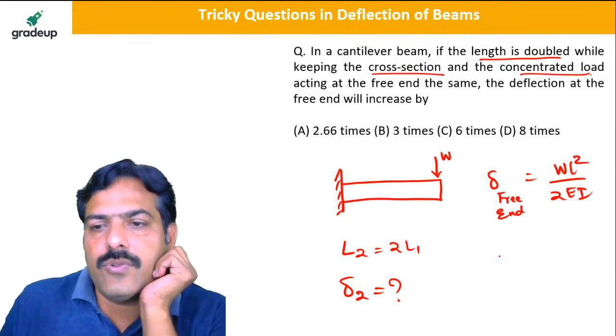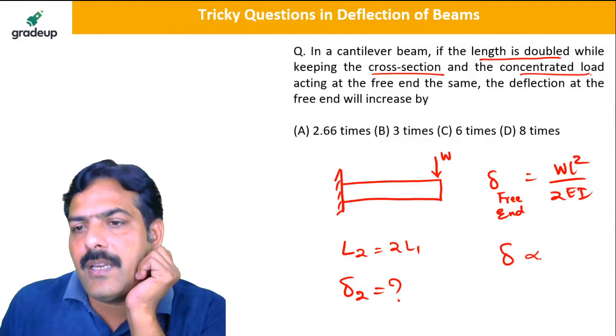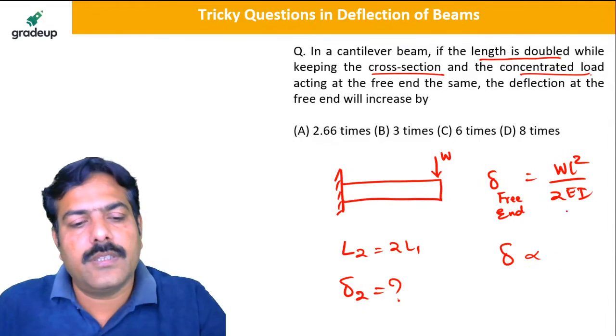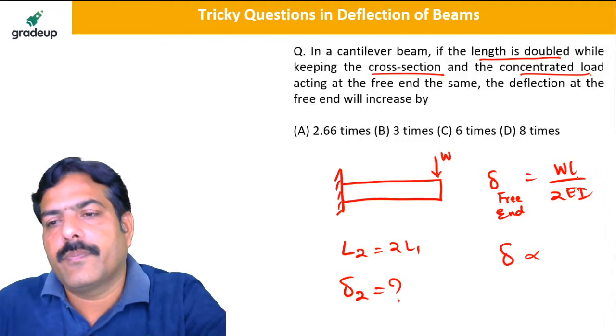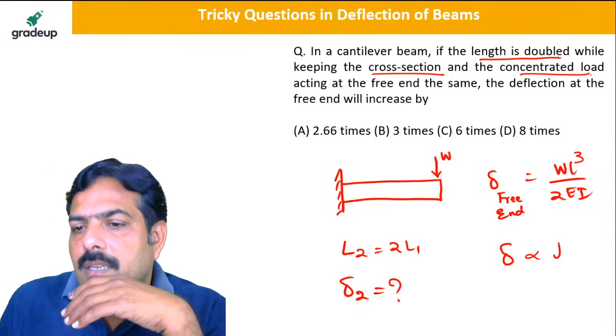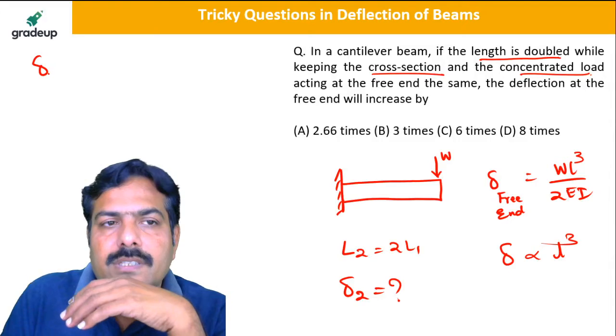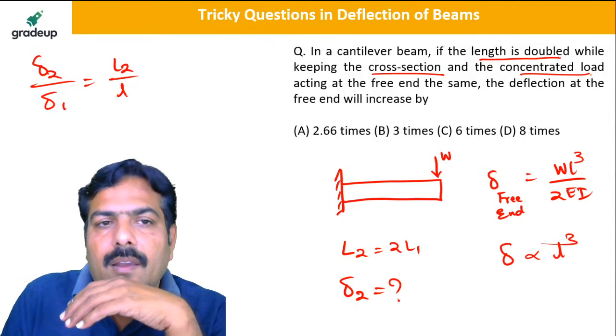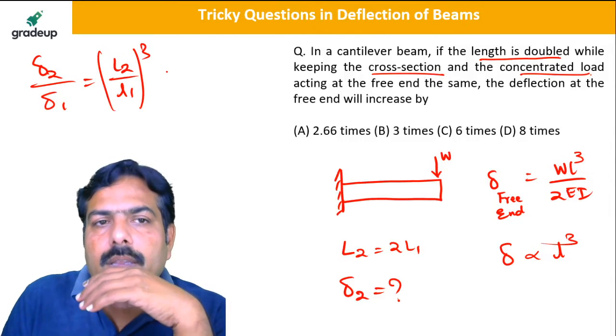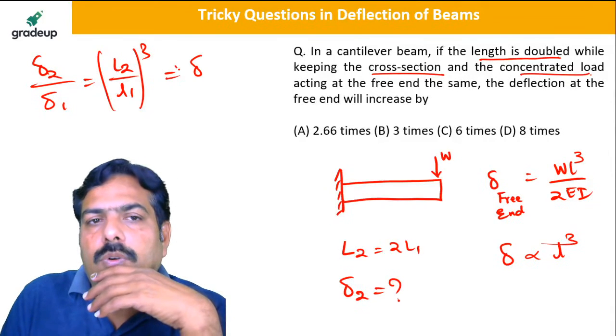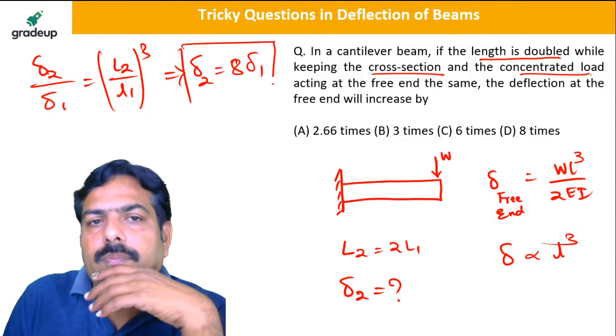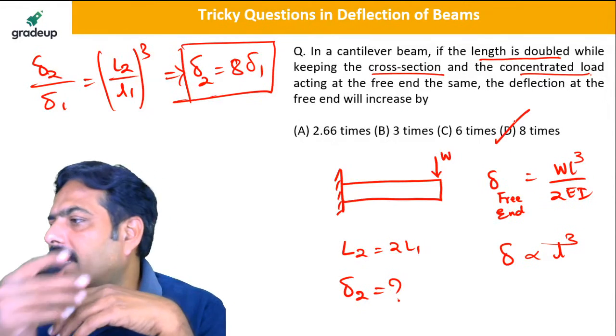So my dear friends, delta is directly proportional to, sorry, this will be L cube. So I can write delta 2 by delta 1 is equal to L2 by L1 whole cube, which gives delta 2 is equal to 8 times delta 1. So D is the right answer to this question.